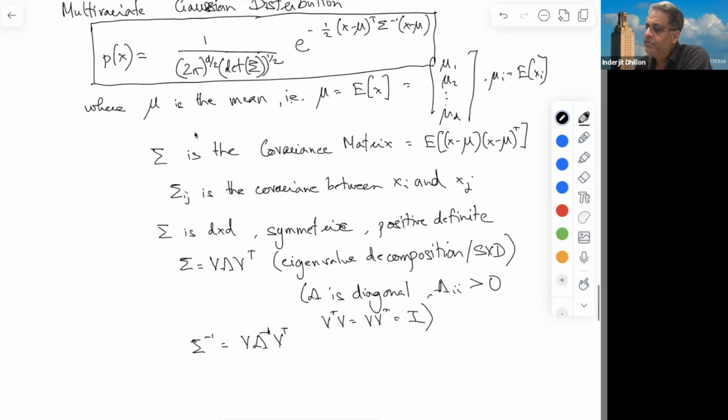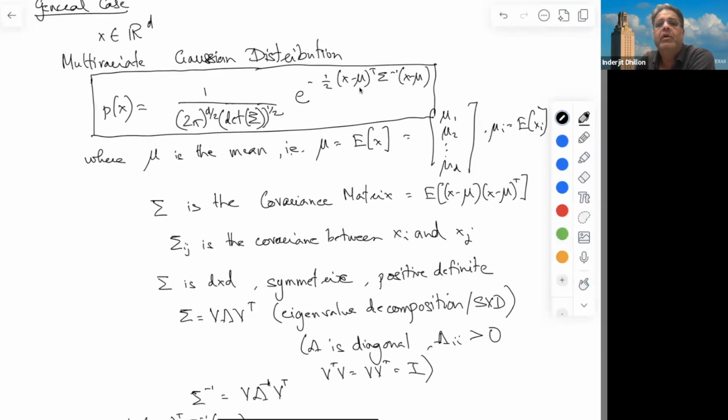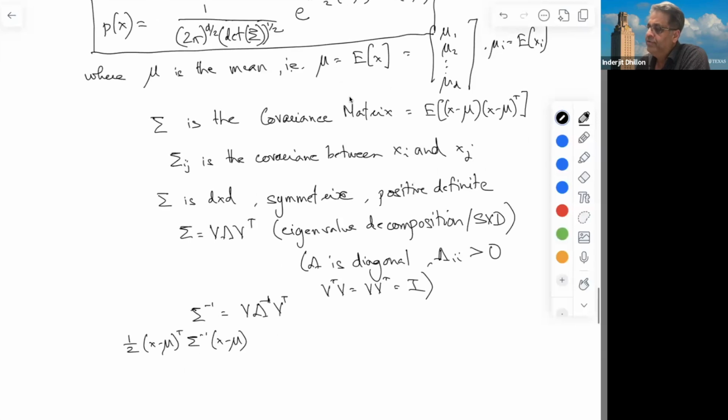And so the quadratic form, half of (x minus mu) transpose, that appears in the exponent of the Gaussian distribution, I can write as half (x minus mu) transpose V lambda inverse V transpose (x minus mu).